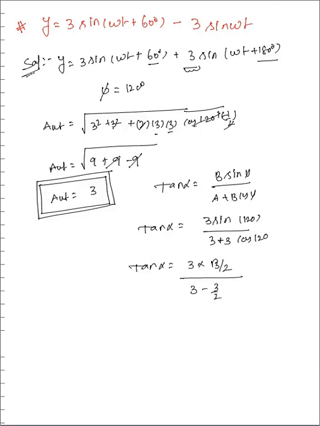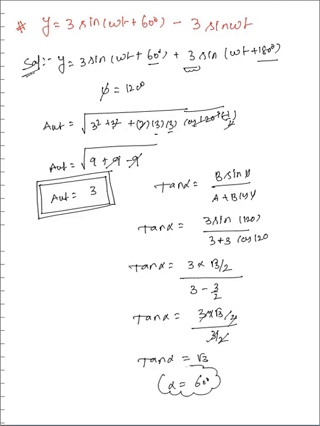Therefore tan alpha equals 3 root 3 by 2 divided by 3 by 2. The 2s cancel, the 3s cancel, so tan alpha equals root 3. Therefore alpha equals 60 degrees, which is the alpha value.